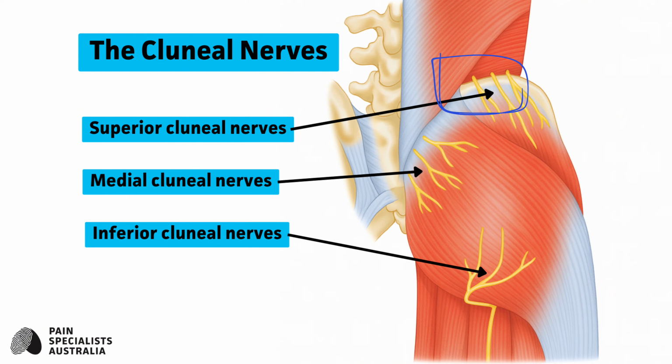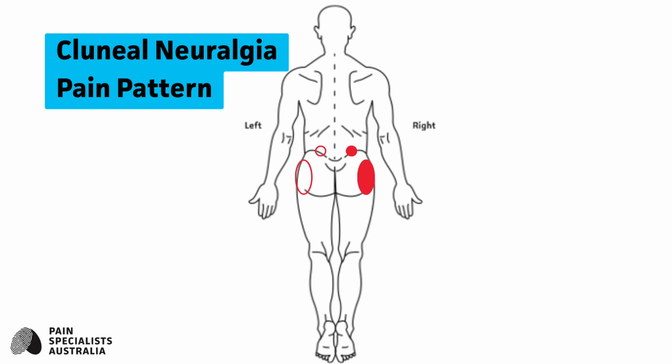And there tends to be a tender point just above the iliac crest where you can palpate these cluneal nerves, and that will trigger off the back pain. The cluneal neuralgia usually is this lower back pain that radiates halfway down the leg and is exacerbated by the muscles entrapping the cluneal nerves, triggering off this pain symptom.